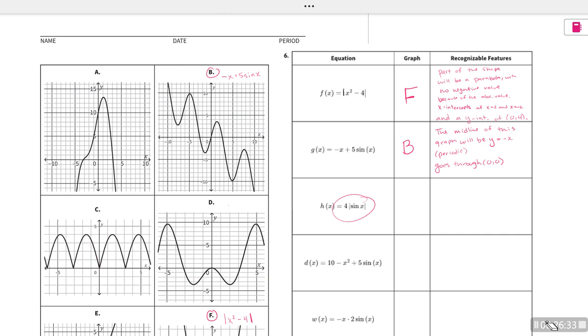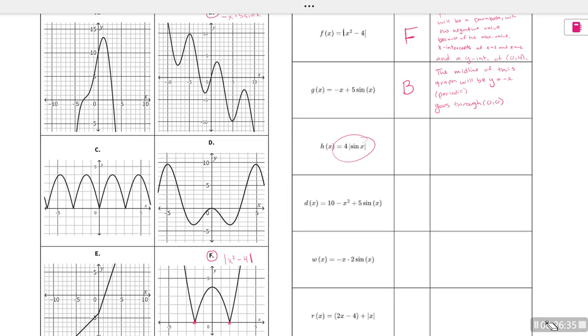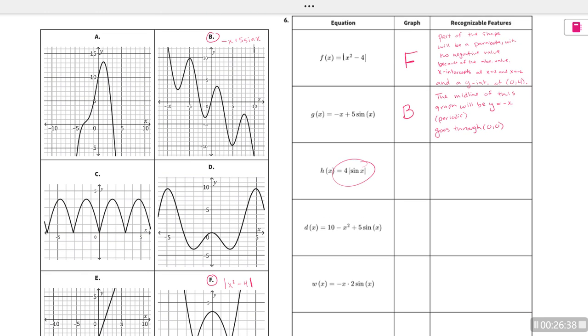Let's undo some of the markings we have on these other ones. So let's look at 4 times the absolute value of sine of x. So it's a periodic function. We see that sine form, but all the negative values, so no negative output values due to the absolute value.